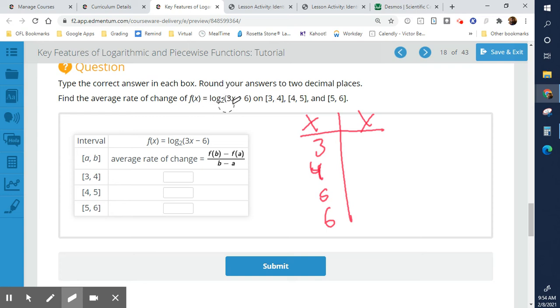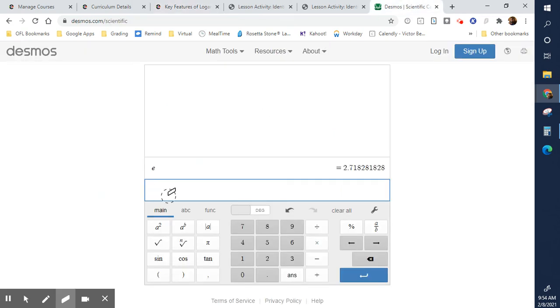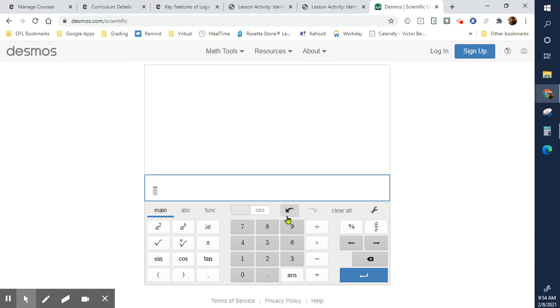So this is our function. So we're going to do log base 2. So in order to do log base 2, we're going to divide everything by log of 2. So I don't know if you guys remember this, but in order to write log base 2 of x in a calculator, you have to write it as log base 10 of x divided by log of 2.